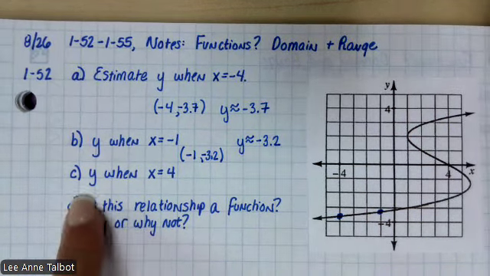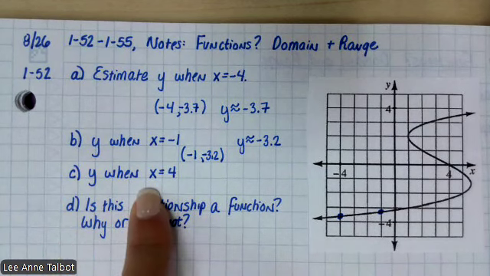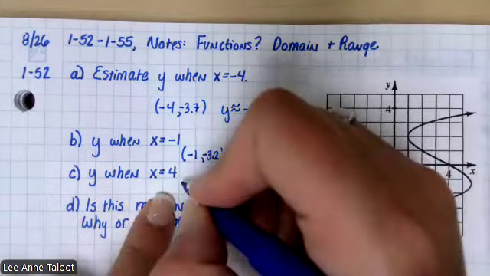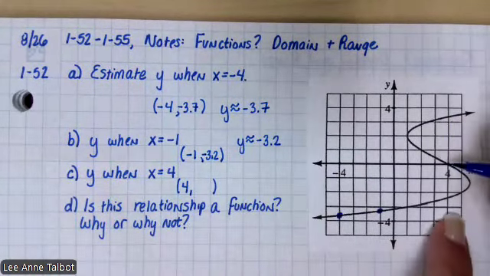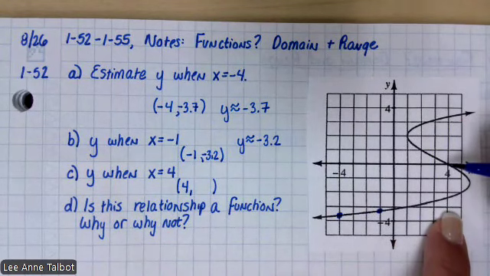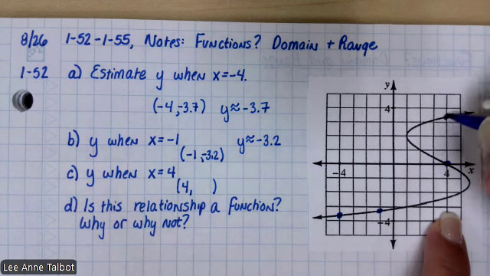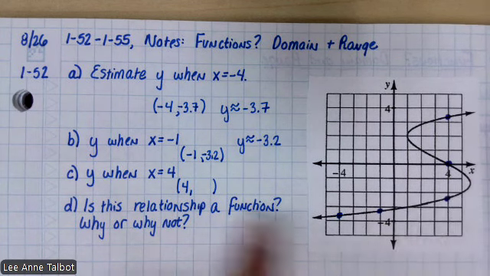Okay. C, y when x is 4. So I have 4 comma something. Oh man, how many of them are there? 3. 1, 2, 3. Okay.